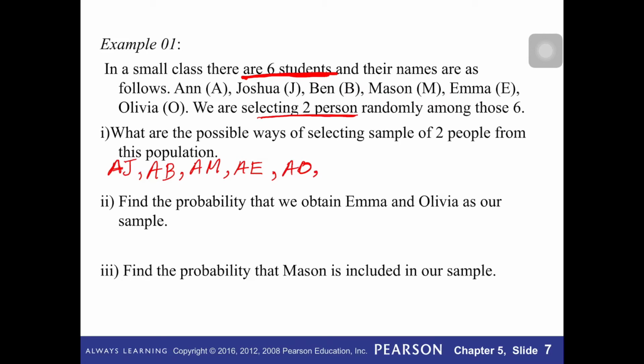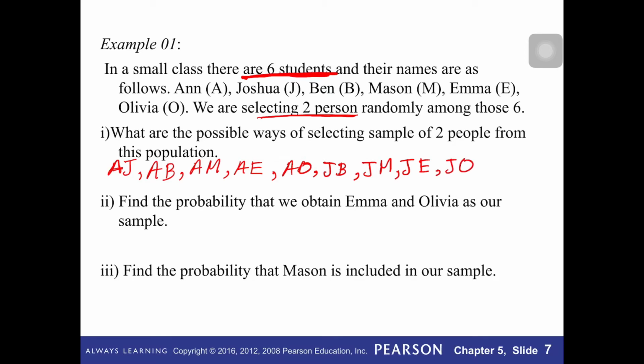Now I can consider Joshua. With Joshua, which means J, I can consider B. Okay. With J, I can consider M. With J, I can consider E, and with J, I can consider O. Can you see the pattern?